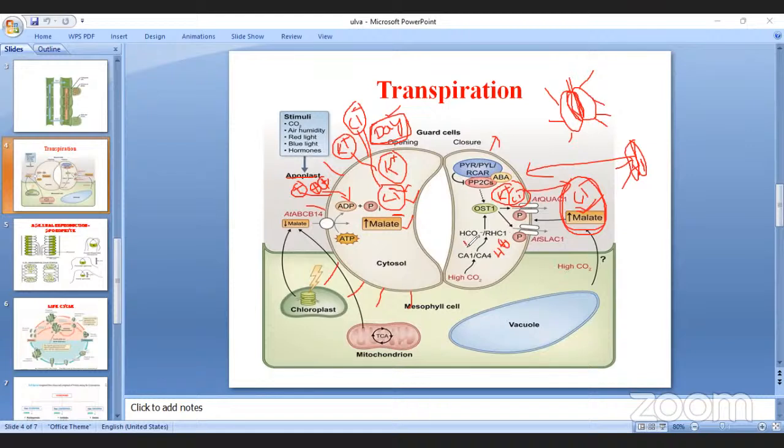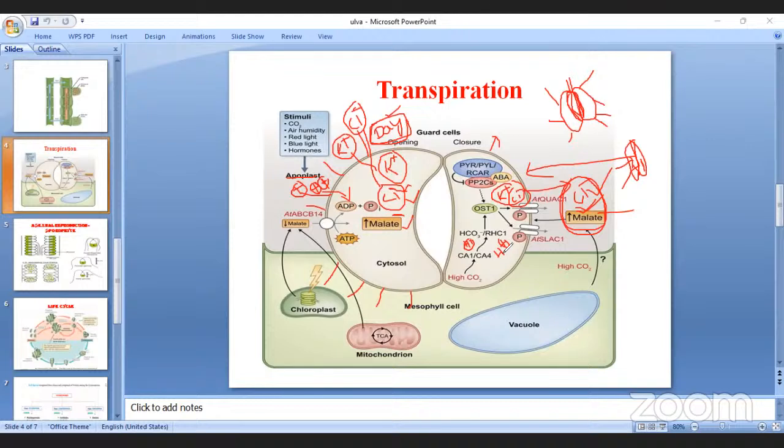H plus is already present in this. So if you compare, chloride and malate are outside the guard cell, but in the guard cell only pluses are there, positivity is there.